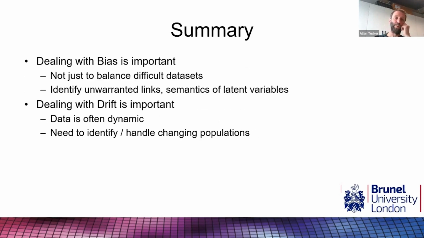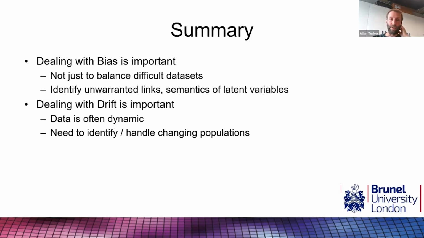But what we've also found with synthetic data is that bias is really important. It's not just about balancing difficult data sets, but it's also about identifying unwarranted links, understanding the semantics of models, potentially latent variables within your models, and exploring subpopulations and the impacts of models and data sets on subpopulations.